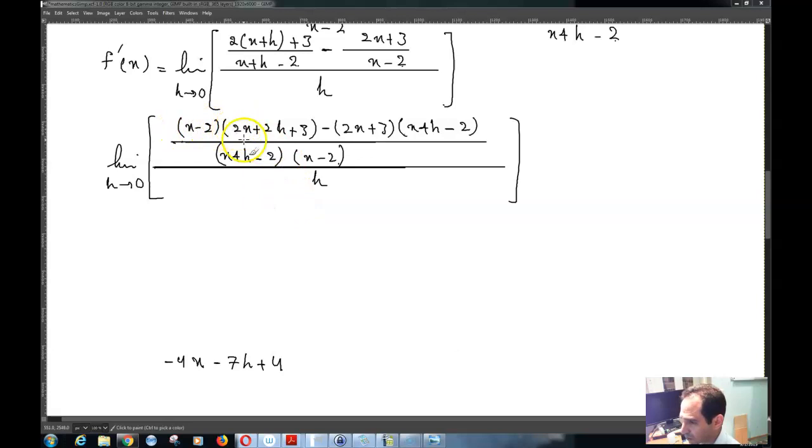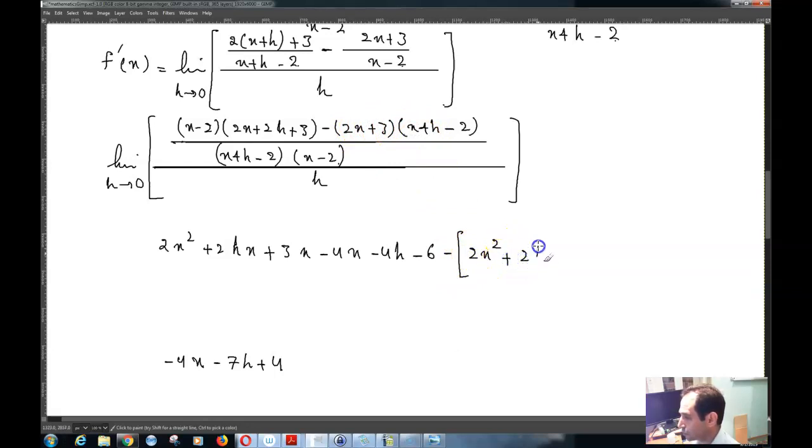This is 2x squared. 2x squared plus 2 times hx plus 3 times x, and then negative 4 times x, negative 4 times h, negative 6, and minus 2x squared plus 2 times hx minus 4 times x plus 3 times x plus 3 times h minus 6.